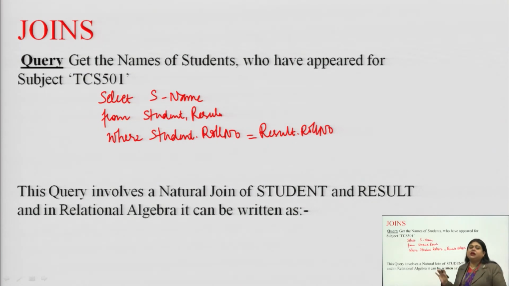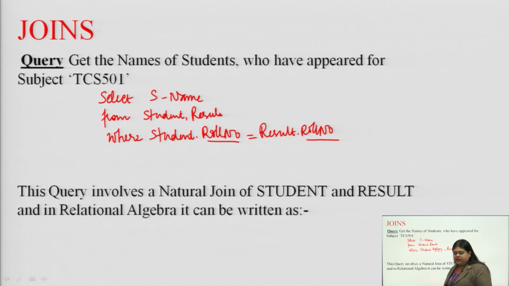Both the tables have the roll number, right. The student table has the roll number along with the student details. The result table has the roll number along with the subject he has appeared for and how much marks he has got in each subject. So, we are creating a join between the student table and the result table by equating the roll number on both sides, right.